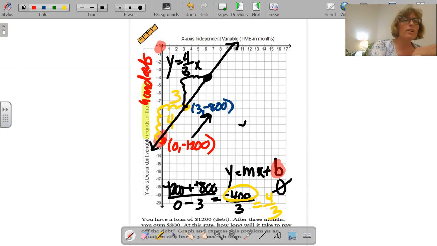What we're asking is, when is the y going to be 0? When is the y going to be 0? 4/3 x. And you can see right there where it crosses is at 10 months. 10 months, the y becomes 0. So that is an example of how we use equations of lines to predict something.